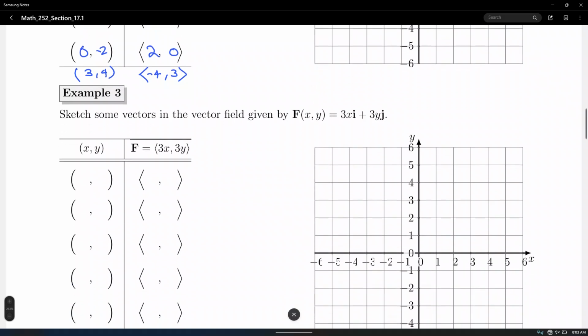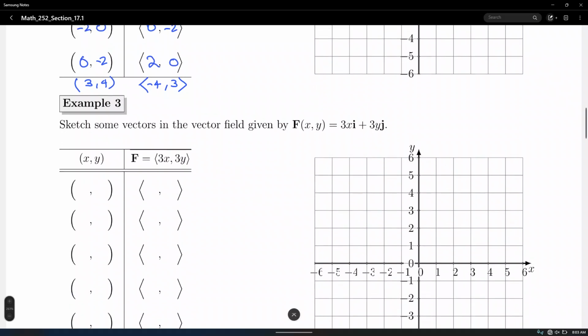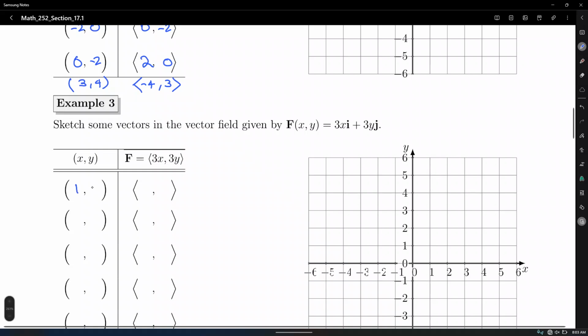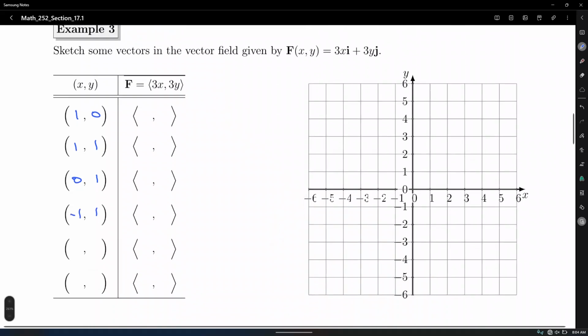Okay, I'm going to go about the points (1, 0), (1, 1), (0, 1), (-1, 1), (-1, 0), and (-1, -1), just to come up with some random vectors.